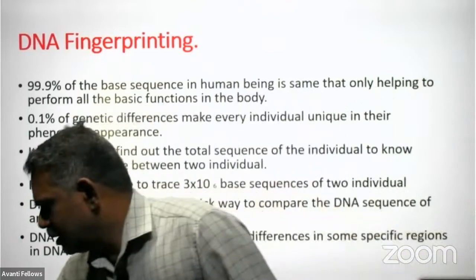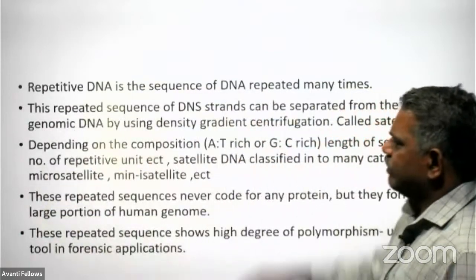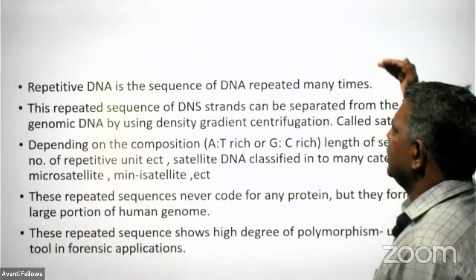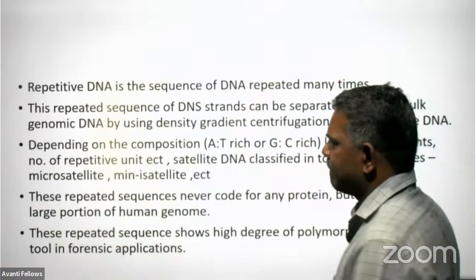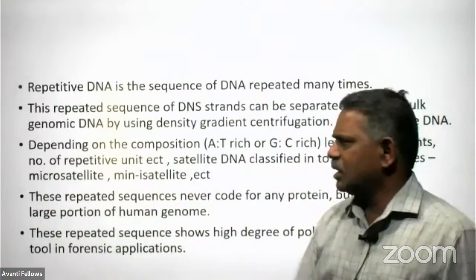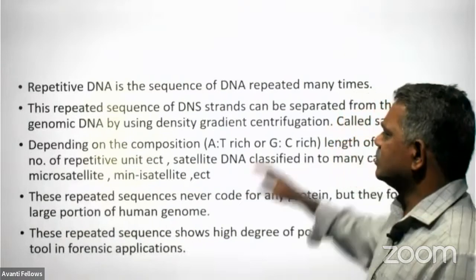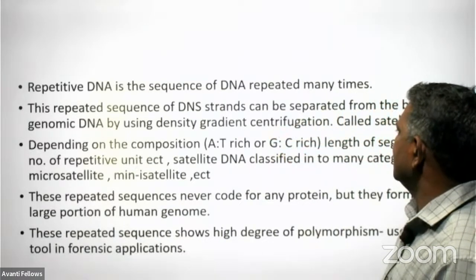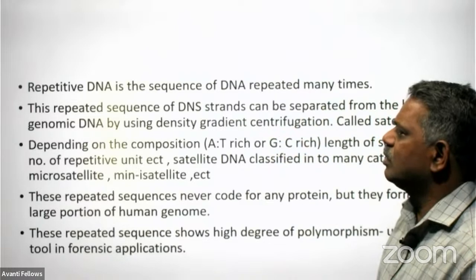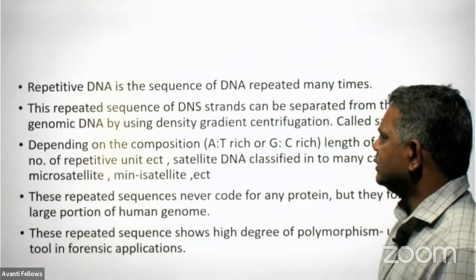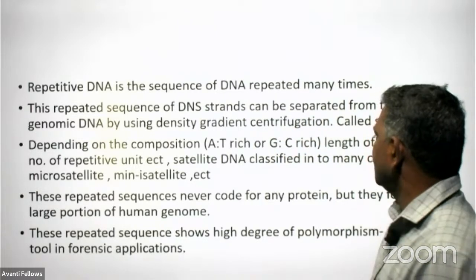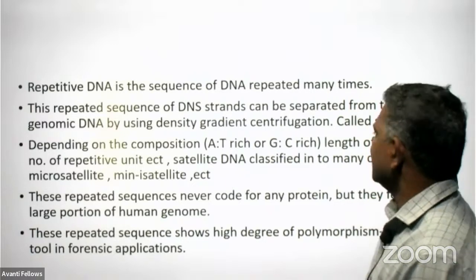Right? Here, repetitive DNA is a sequence of DNA repeated many times, 100 times or 1,000 times. This repeated sequence of the DNA strand can be separated from the bulk of genomic DNA by using density gradient centrifugation, and we call it satellite DNA.